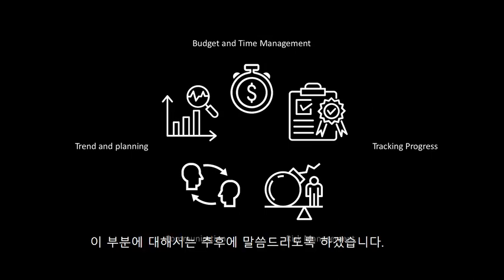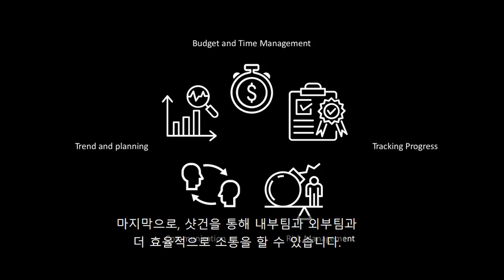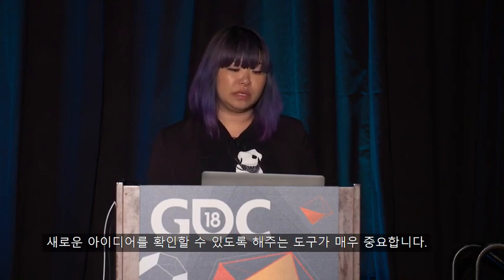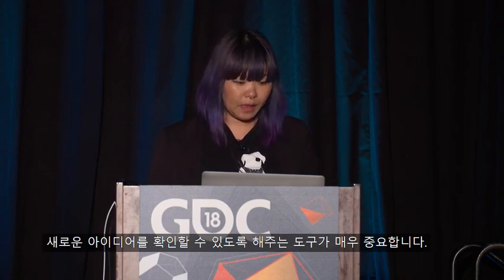And last but not least, there's a better way to communicate between internal team and external team, especially since my focus area is asset creation. A tool that is able to visually communicate and also track all the history of what is being commented, what ideas are being added onto the asset creation process is really, really important.